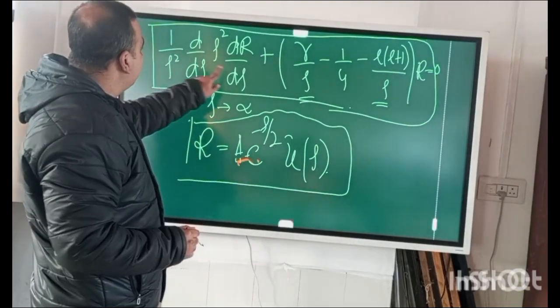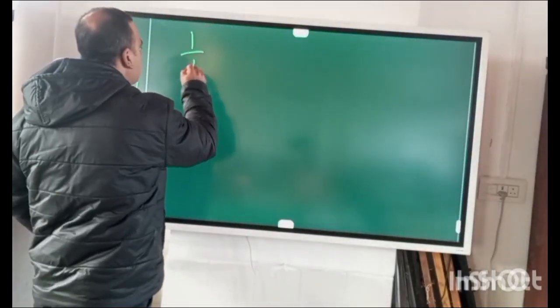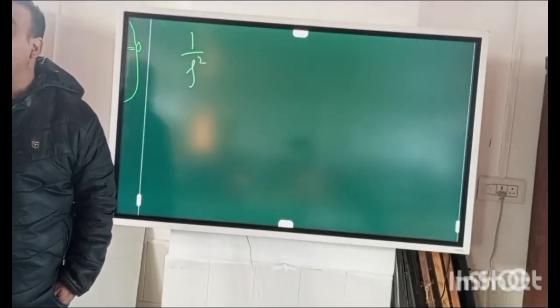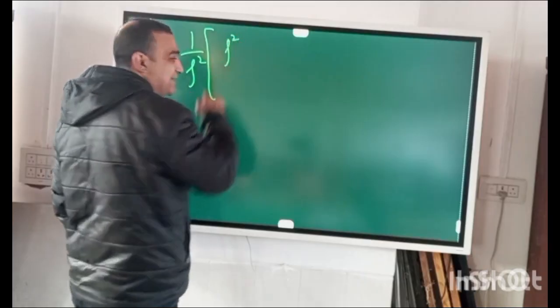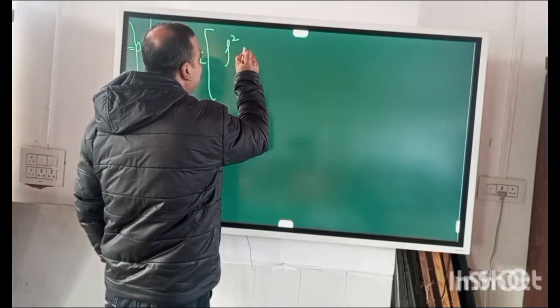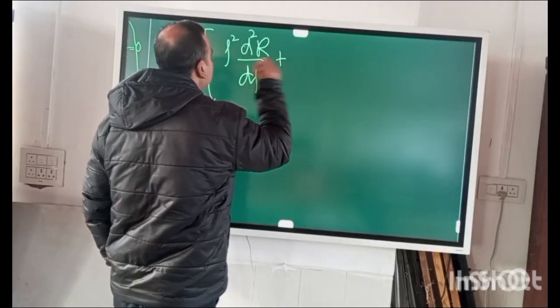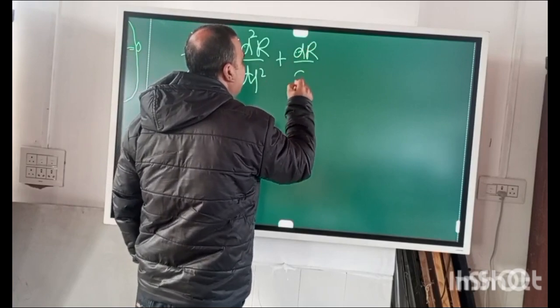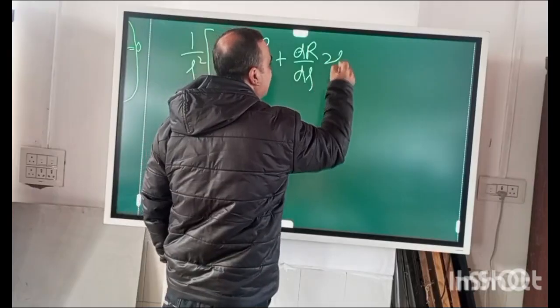If I look at this equation, here I have 1 by rho square. Then I have d by d rho of rho square dr by d rho. So I can use the UV rule here. So rho square as it is into the derivative of v will give me d2r by d rho 2, plus dr by d rho as it is times the differentiation of rho square, that will give me 2 rho.